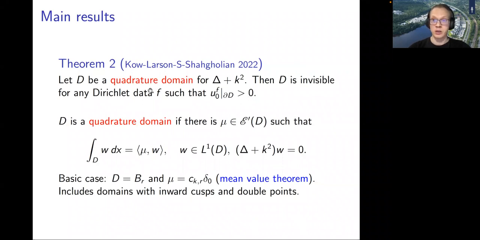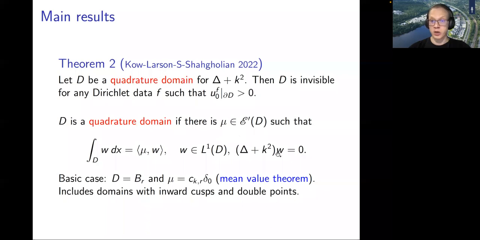So this is a classical notion in complex analysis in the case where k is equal to 0, so for harmonic functions. In our case, we say that the set D is a quadrature domain if there is a mu, which is a distribution compactly supported inside D, such that the following holds.